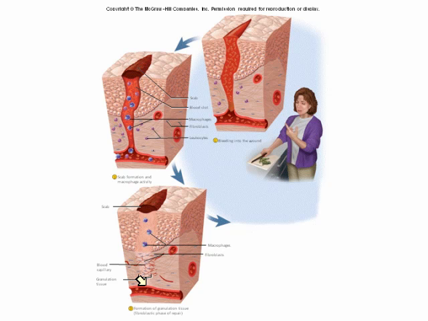Typically, new collagen begins to form within 3 to 4 days of the wound. So that collagen, which the fibroblasts are going to be creating, begins to be laid down within 3 to 4 days of the wound initially happening.